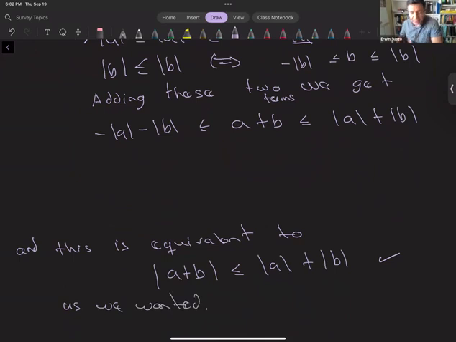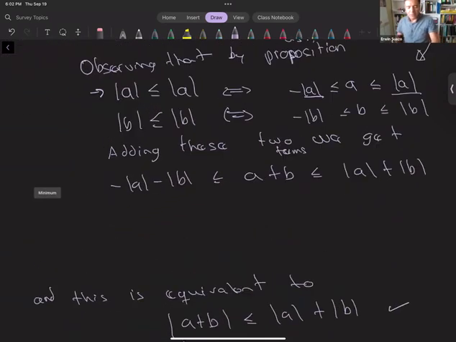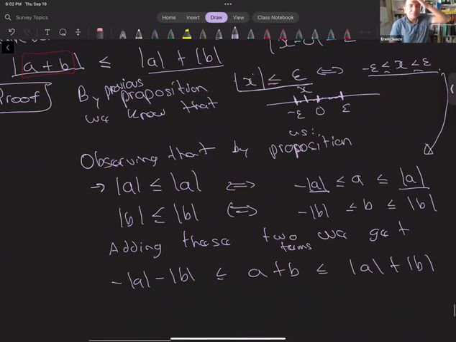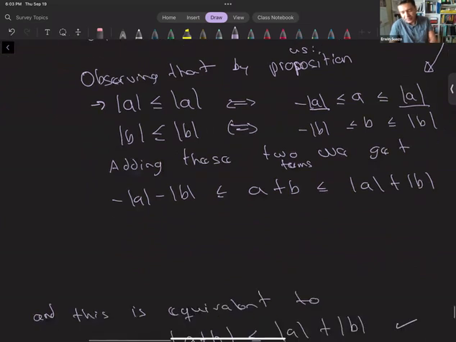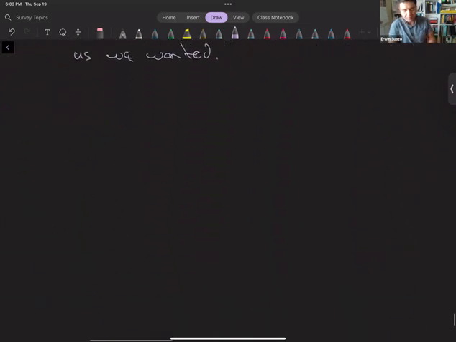So this proof is very elegant, very nice, because it's basically using this statement from the proposition we already used, right? It's basically using the definition of absolute value. Okay, so here's my proof.